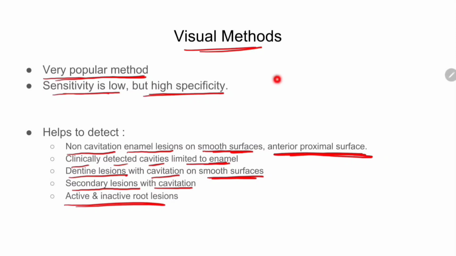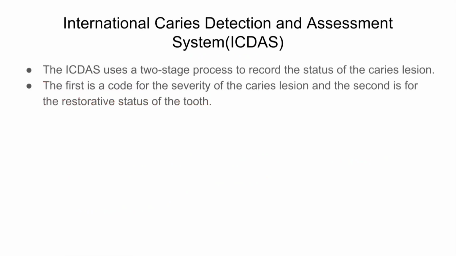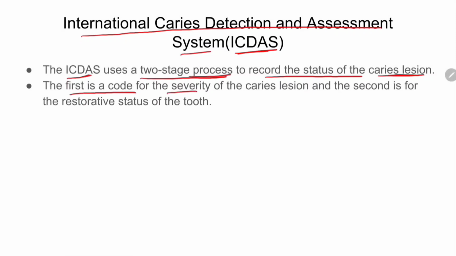Visual caries assessment can also be done by a system called the International Caries Detection and Assessment System, which means ICDAS. This ICDAS uses a two-stage process to record the status of the carious lesions. The first is a code for the severity of the caries lesion and the second is for the restorative status of the tooth.